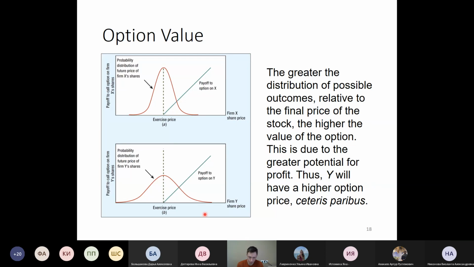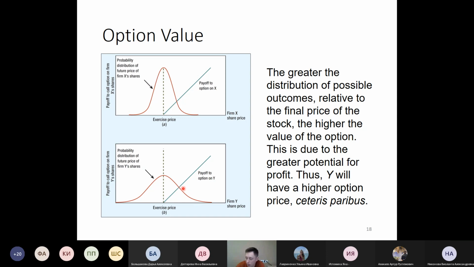And this similar chart we discussed earlier, this asset B is more risky than the asset A, as it has higher volatility, higher standard deviation of the price.